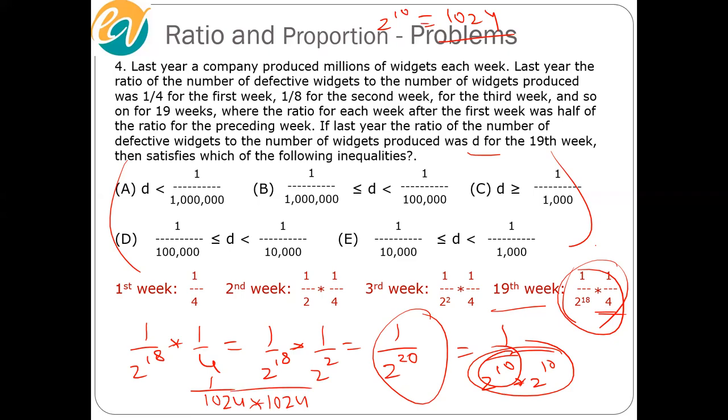That's the value of D. And now looking at these options, clearly you can approximate 1024 to how much? 1000? Correct? Because everything is in those terms. So this is where looking at the options helps, right? So this is roughly equivalent to 1 by 1000 into 1000.